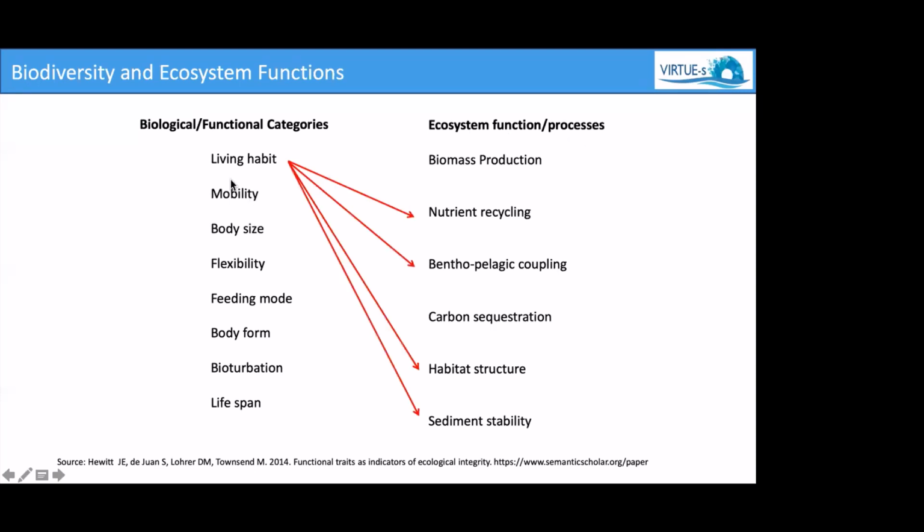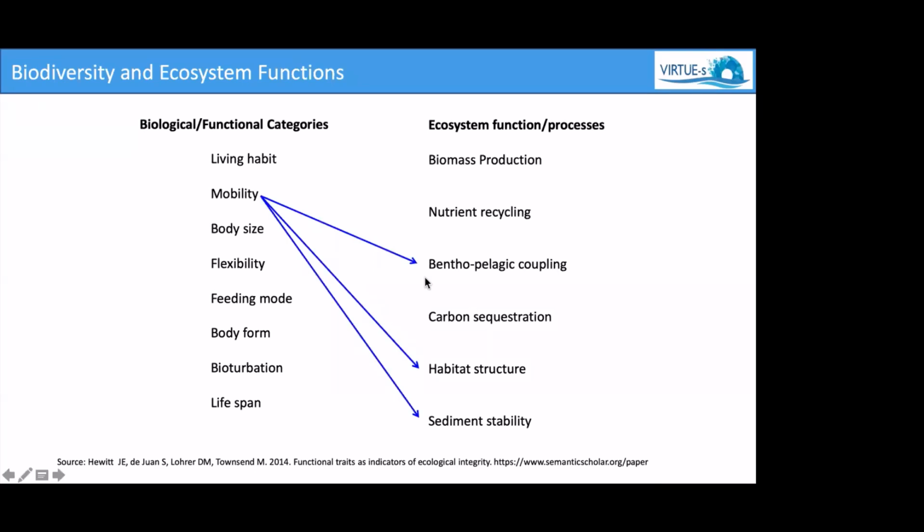For living habit, for instance, it can impact nutrient cycling, benthic-pelagic coupling, habitat structure, or sediment stability. So how stable is the sediment? Does it stabilize the sediment, or does it make it less stable so that it will be more prone to disturbance? Okay. And mobility also will affect benthic-pelagic coupling and the structure of the habitat, again hand in hand with sediment stability.